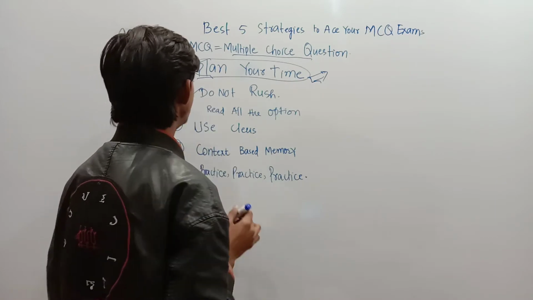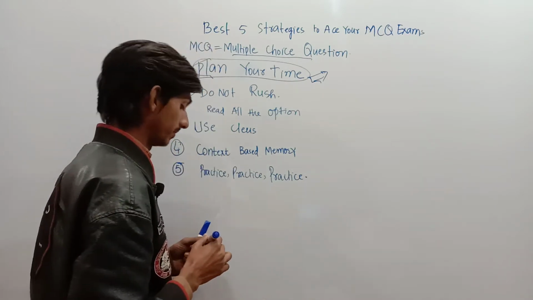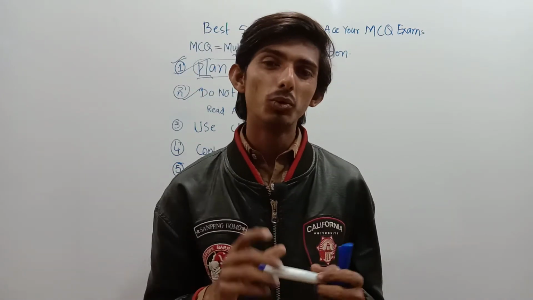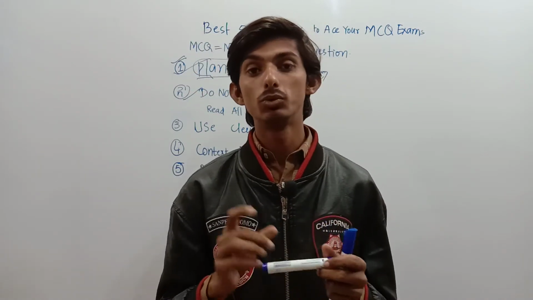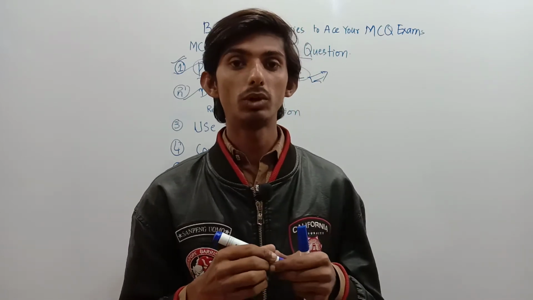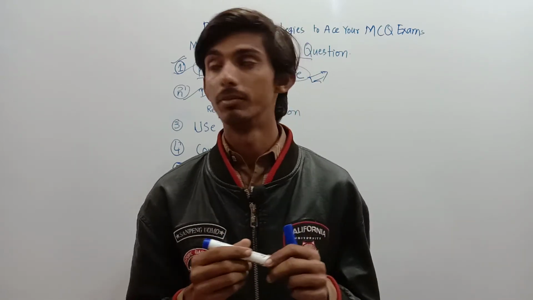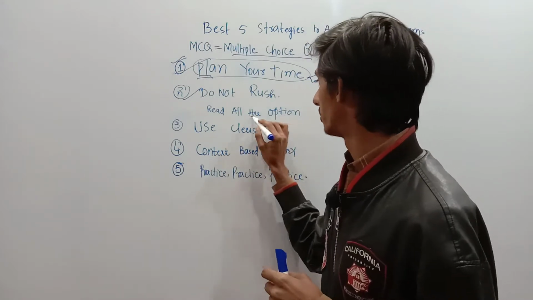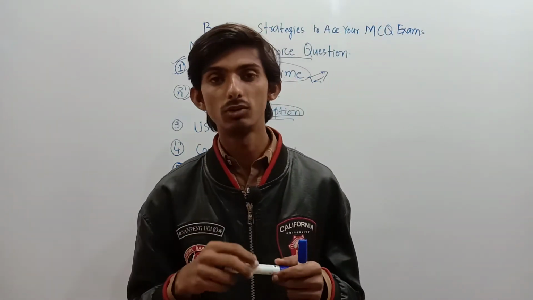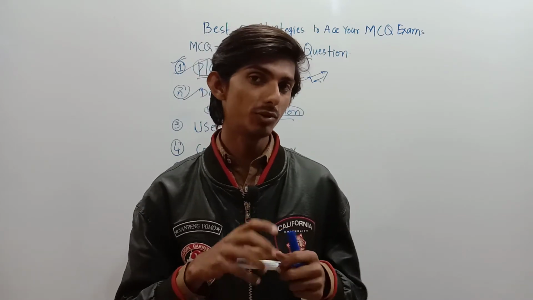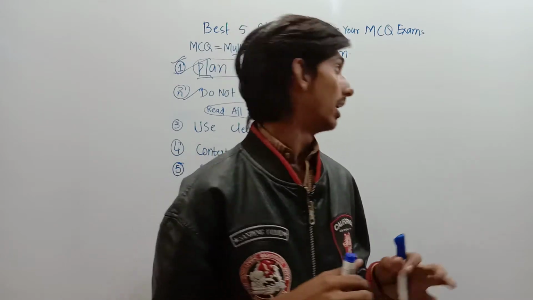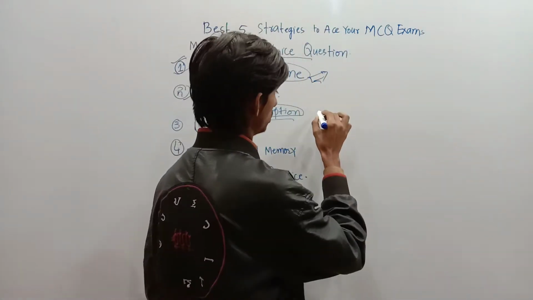Number second is do not rush. What does it mean? Do not rush means you do not have to be quick in your exam. Read all the options, 5 or 4 options in an MCQ, you have to read all of them, because in rushing you may choose a wrong option.